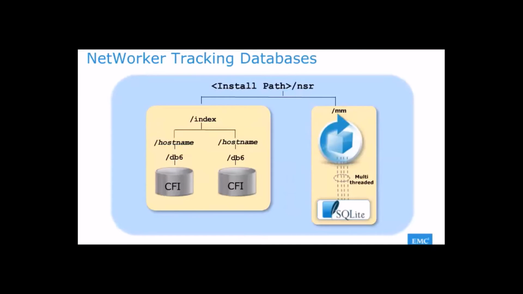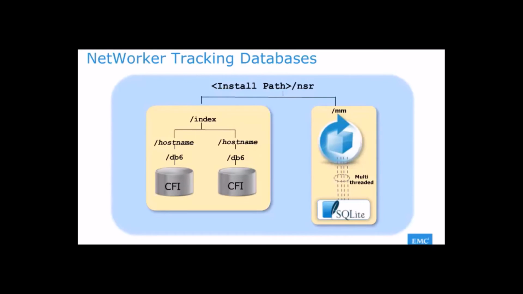The NetWorker server maintains tracking information for save sets and volumes in a client file index for each client and in the media database. The client file index, or CFI, stores the records for each backed up file from the NetWorker client. There is one CFI per client host. The CFI information answers the question, which files were backed up and when, for each client. This information is used to support browsable recoveries, which allow clients to more easily recover files to a specific point in time.